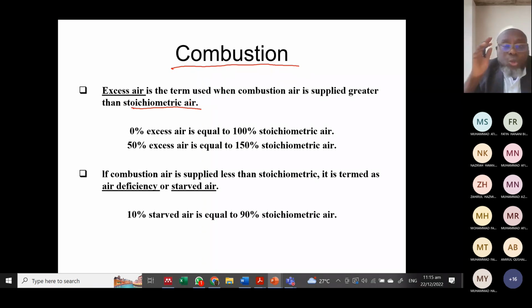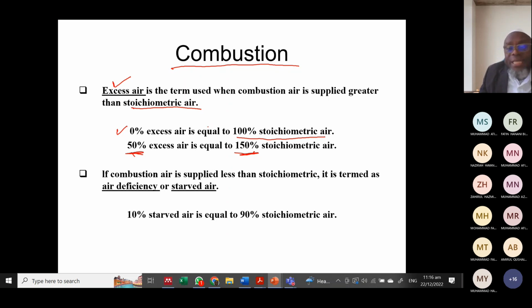However, if you want to ensure that your combustion proceeds with complete combustion, you need to add excess air. So 0% excess air is the same as 100% stoichiometric air, and 50% excess air is the same as 150% stoichiometric air. You understand me?